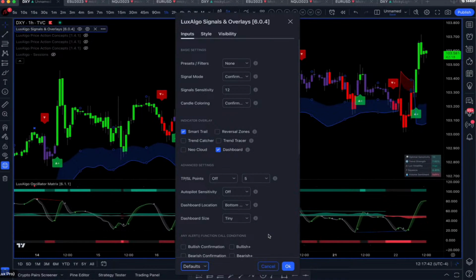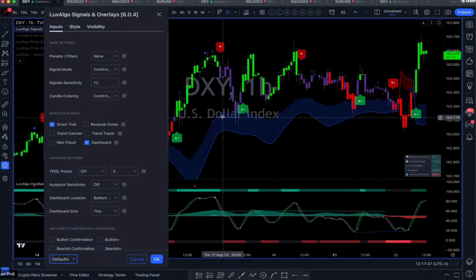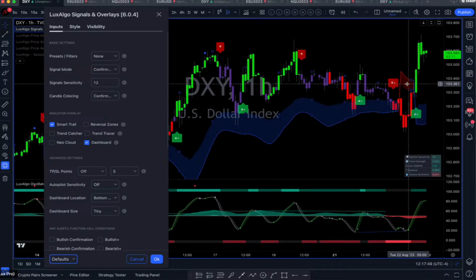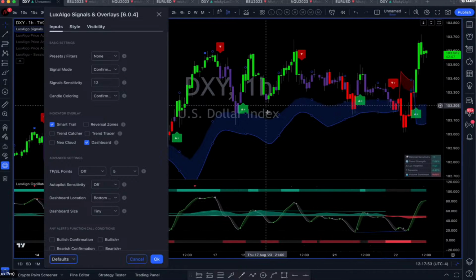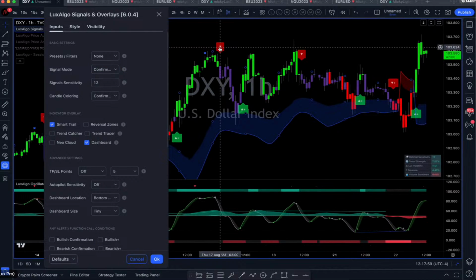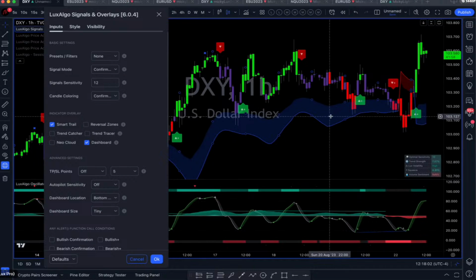Reset settings to default. Right now you see the smart trail, the blue and the red ribbon. We have the signal modes, confirmation, right here: confirmation plus the exits. Here are the exits, the little X's.